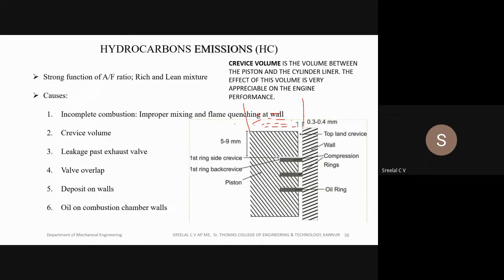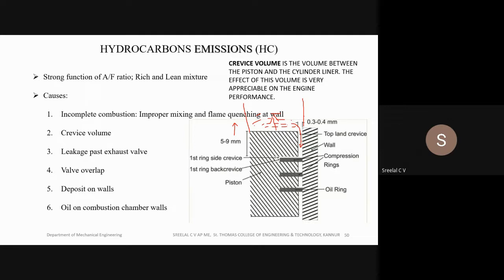So in this compression stage, the piston will be moving towards the TDC. At that time this particular charge will be trapped inside this volume, during the compression and combustion.